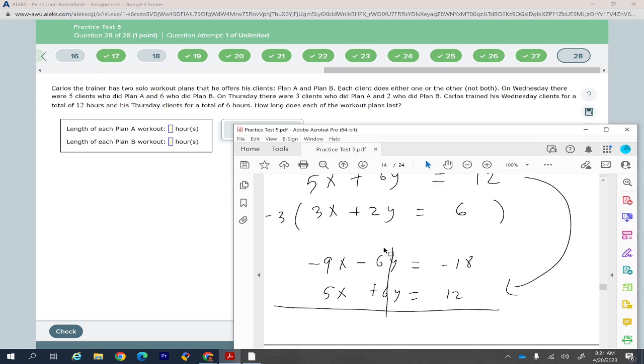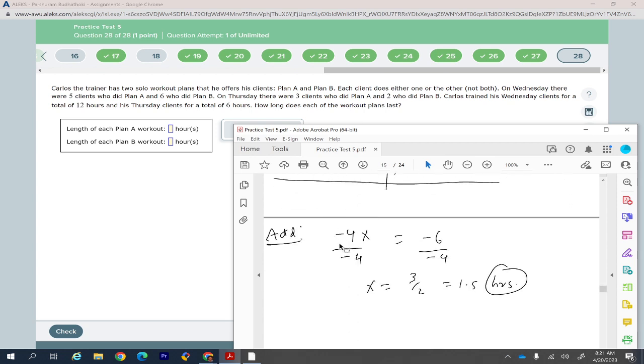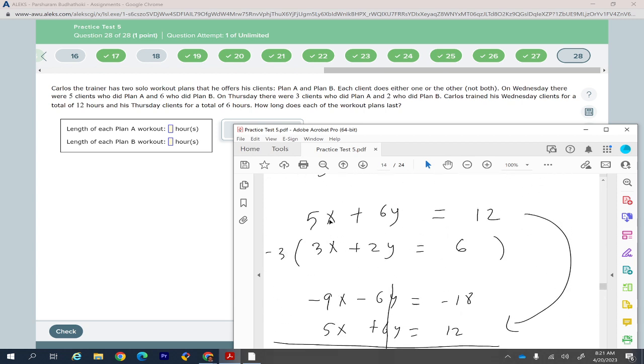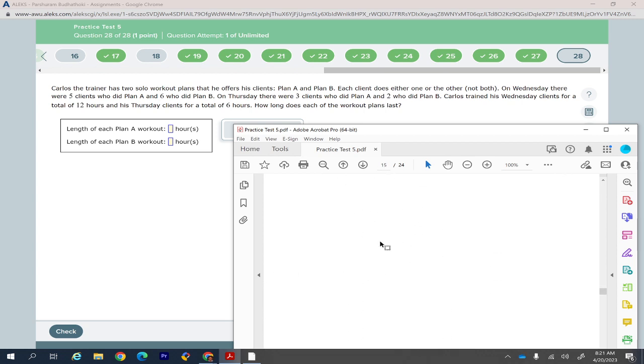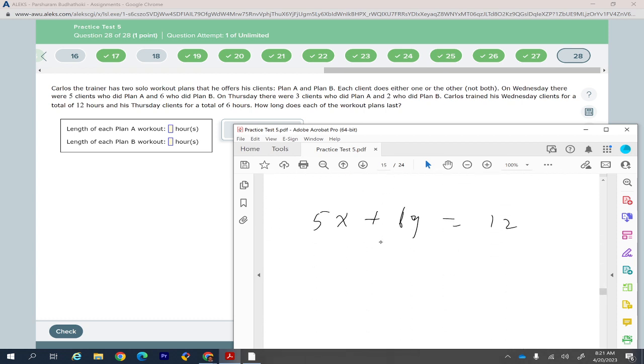Okay, now we go back and choose one of the equations for solving for y. Put x equal 1.5 hours in the first equation. Let's say this one. On Wednesday, Carlos spent a total of 12 hours, right? 5x plus 6y equal 12. And for plan A, 5 times this x, which is 3/2, or 1.5 hours, plus 6 times y.